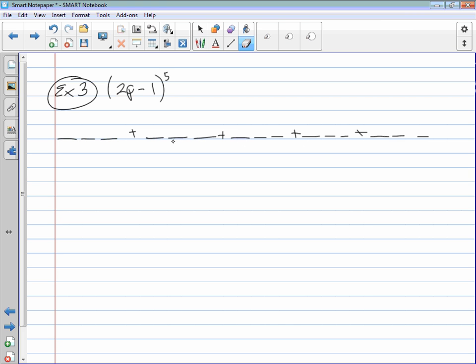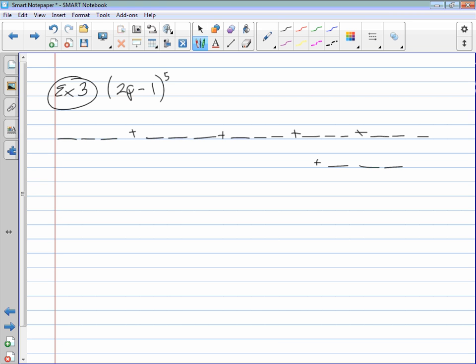And by the way, you always end up with one more term than the exponent says. So if you go to the 5th power, you should really have 6 terms. I'm setting up the blanks. We're going to talk about that in a second. Right now, just set up the shell.